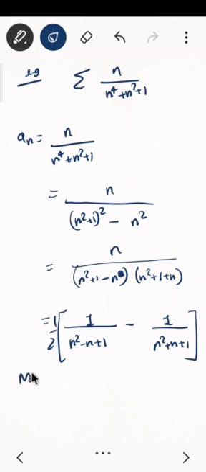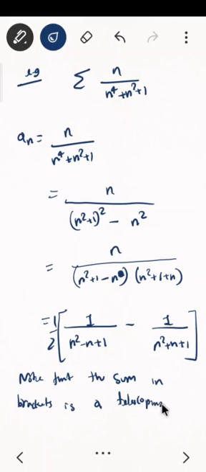That is, note that the sum in bracket is a telescopic series. And what is Bn for me? With Bn equal to this, that is 1 upon 2 times 1 upon n square minus n plus 1.